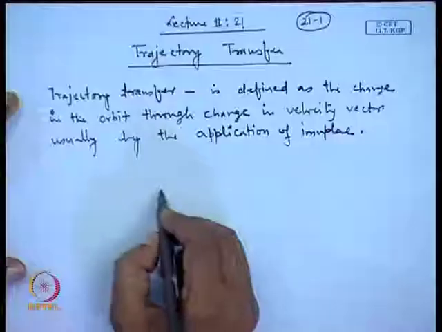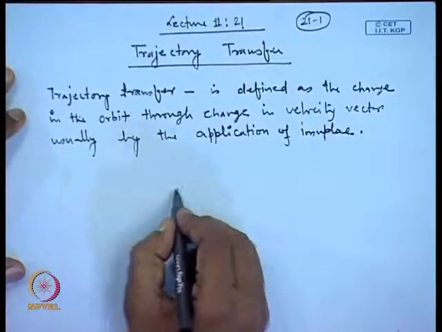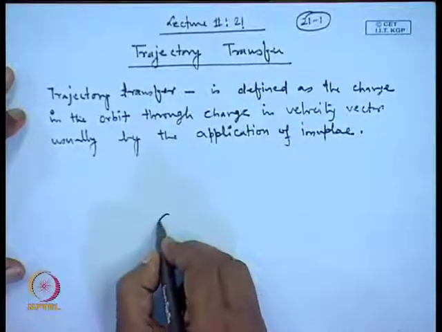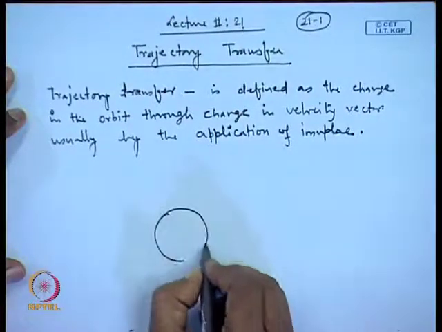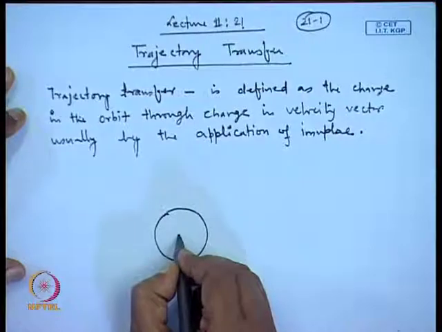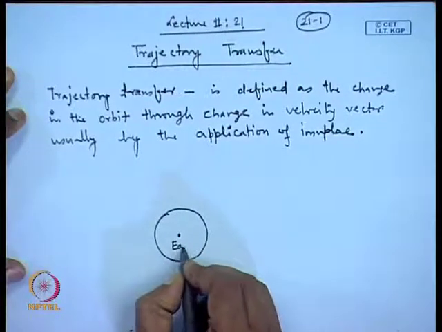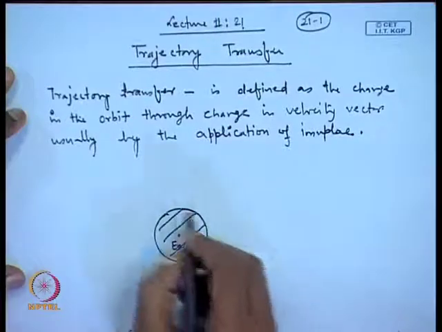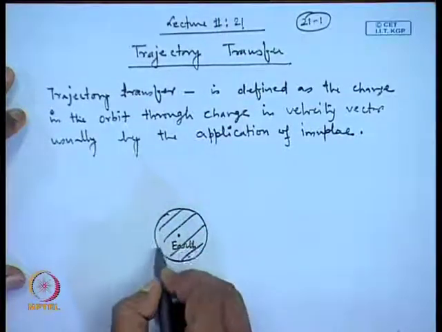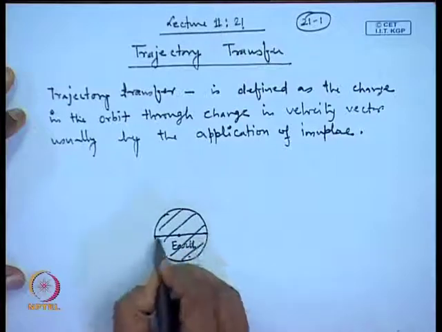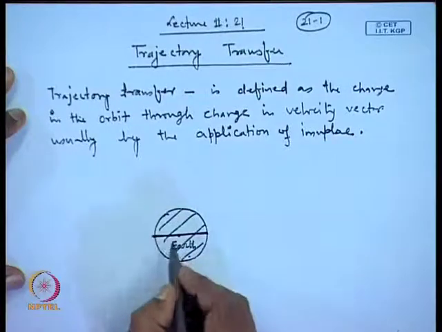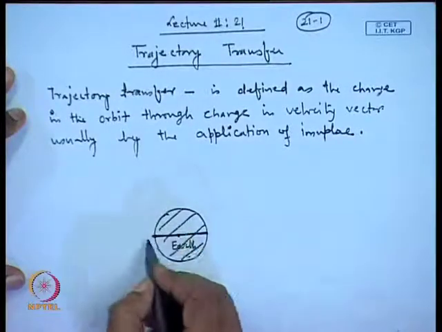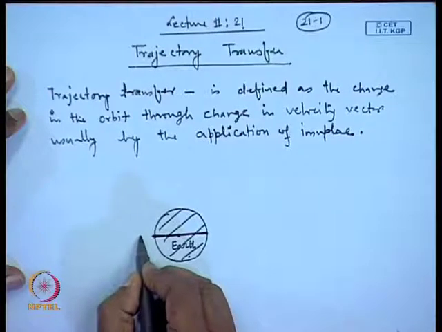So, let us consider a very small case. Say this is the earth, and by firing the rocket you have placed a certain satellite in the orbit.